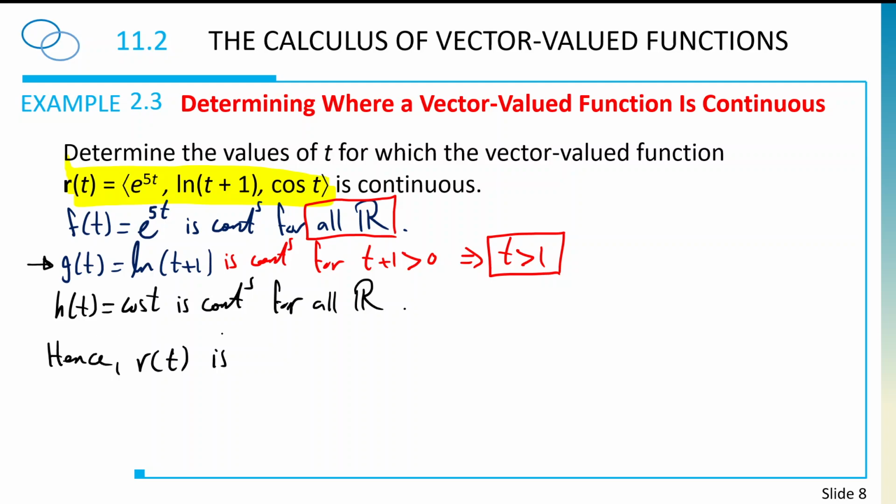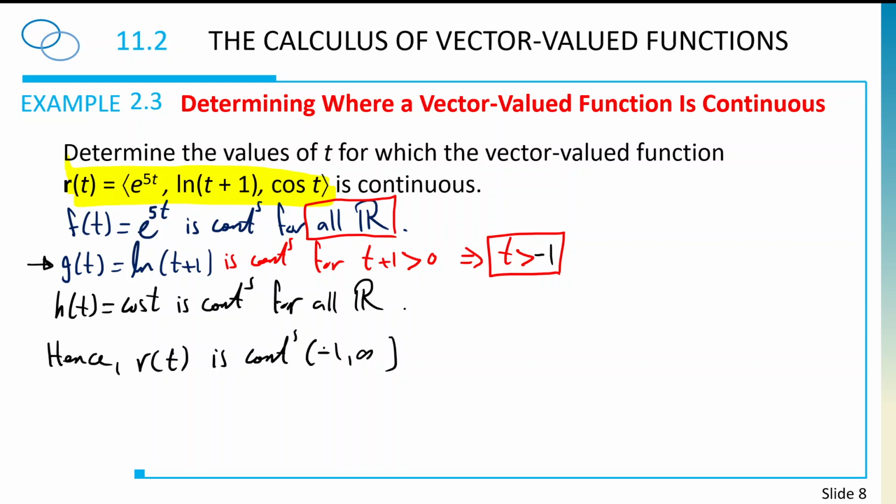The domain where r of t is continuous is t greater than -1, so it's continuous from -1 to infinity.